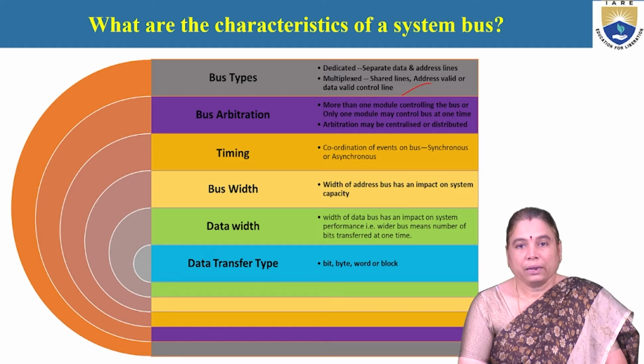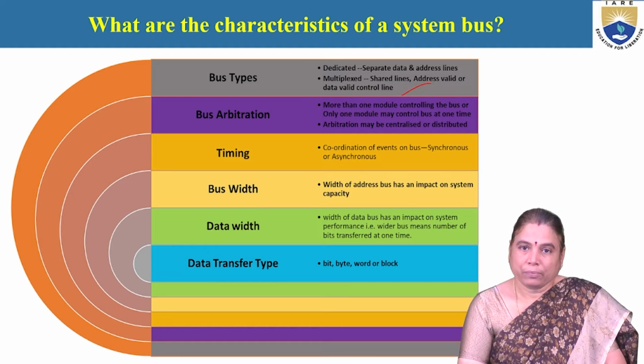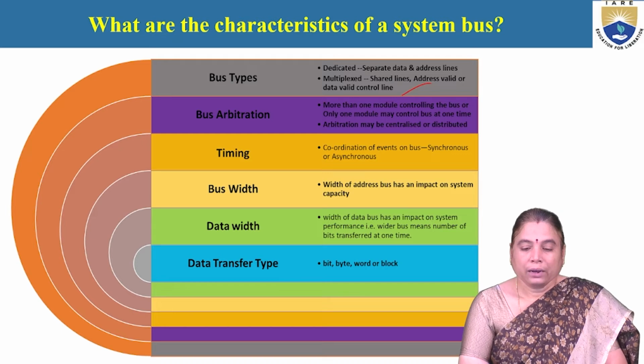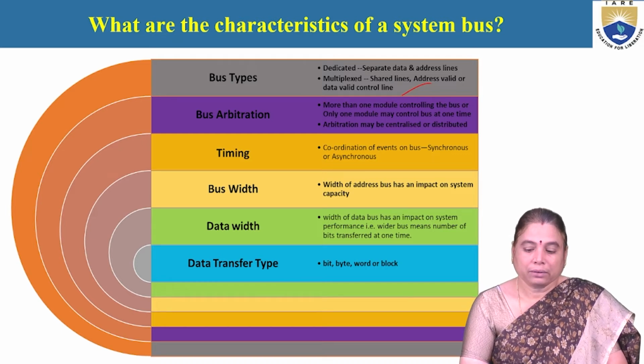The second parameter is bus arbitration. In case of multiple buses, which bus is chosen for transmission of data or address is decided with the help of bus arbitration. Arbitration may be centralized or distributed. The next parameter is timing.